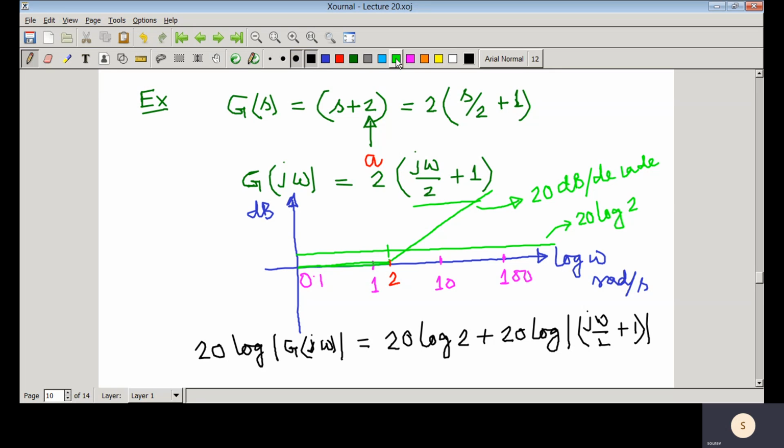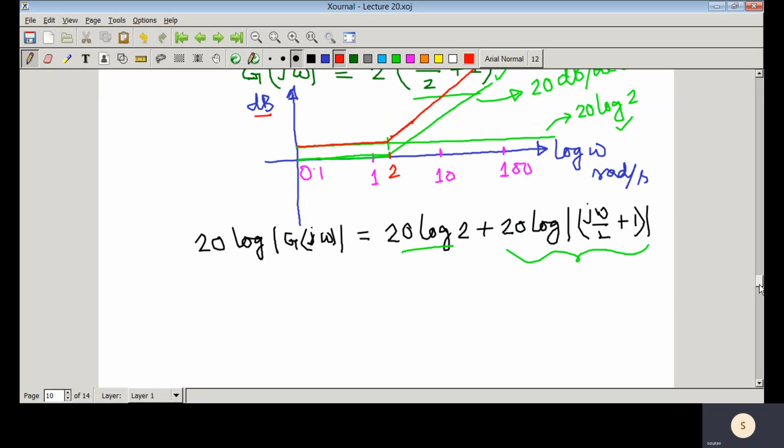And for this particular term, we have already discussed what the asymptote would be. So this is that asymptote, and this is that value. So what would be the Bode plot? The asymptotic Bode plot is this one, it comes here, and this is that asymptotic Bode plot, and here this is in dB. 2 is the corner frequency. And what would be the phase plot?